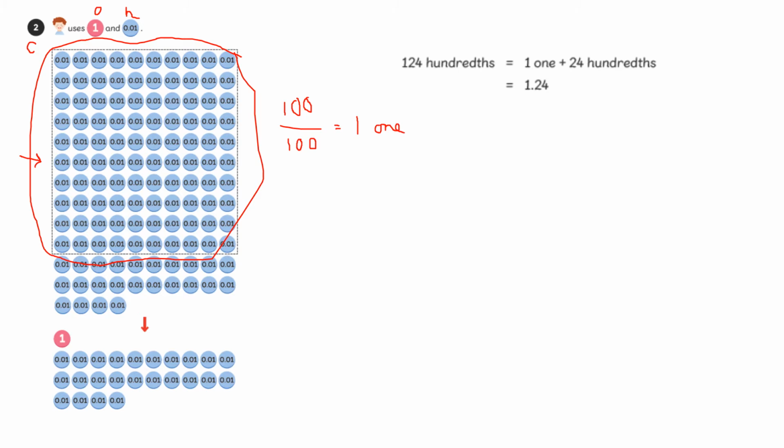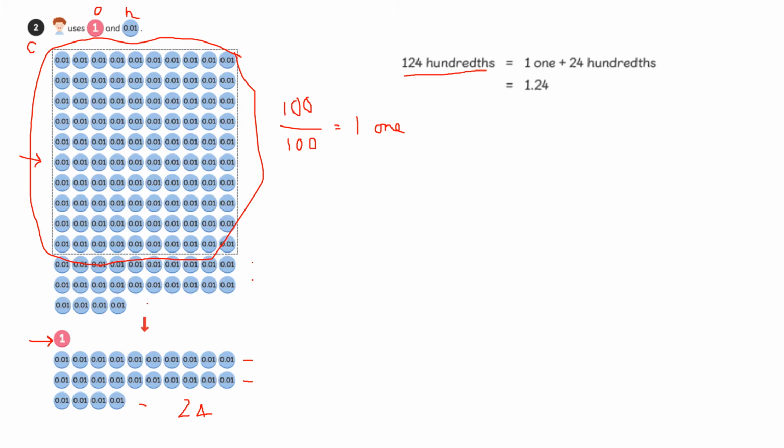He then has a few more things to do. So instead of having all of these hundredths counters, he decides to say, okay, well, there we go, I've now got one ones counter. Now he can't forget the rest of the hundredths counters. And you can see here that he's got one row of 10 hundredths, another row of 10 hundredths, and then 4 more. So we can see that he now has 24 hundredths left.